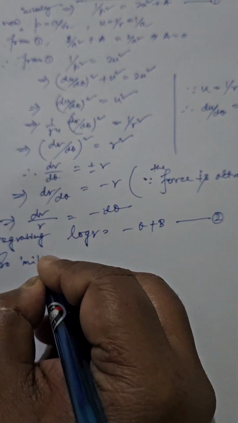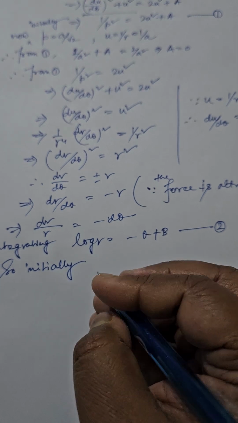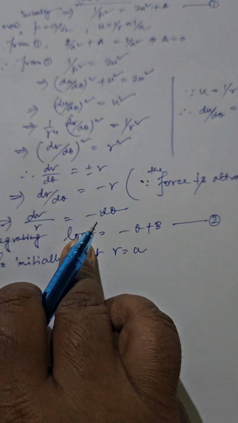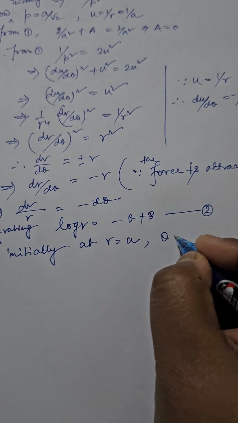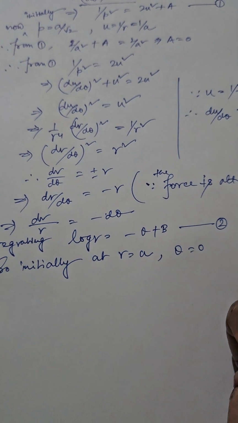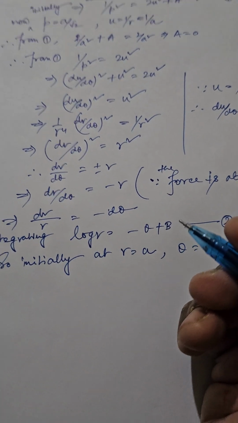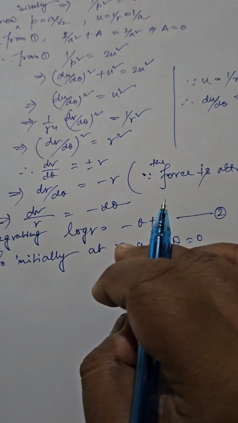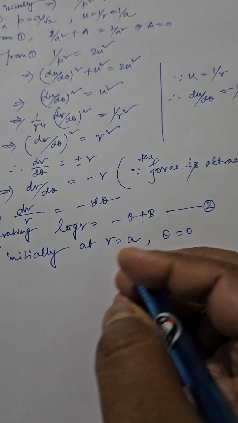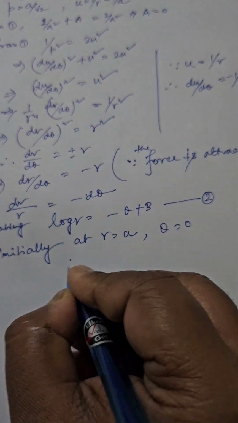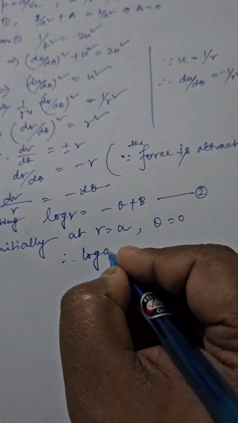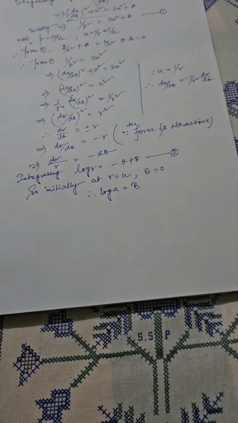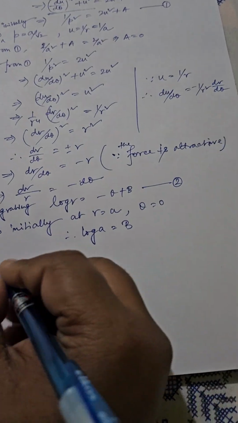So initially at r equals to a, if you put r equals to a, angle of projection is 0, initially nothing is mentioned, and so you can write log a should be equal to b.